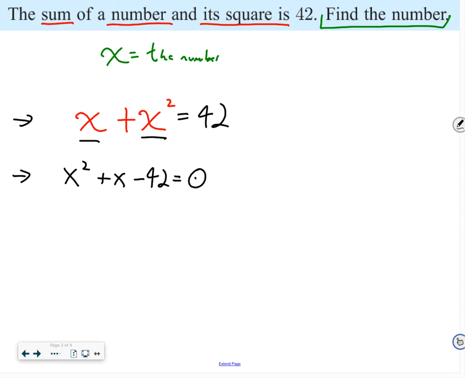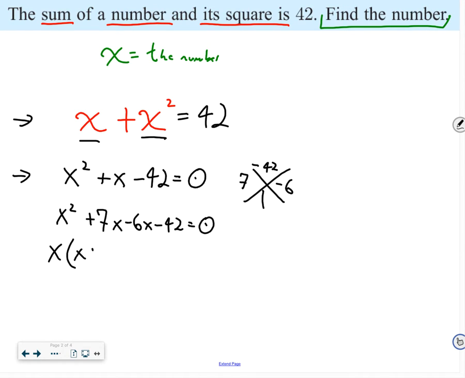I can solve this one by factoring, recognizing that I need numbers that multiply to negative 42 and add to 1. I get 7 and negative 6, they're going to add to 1. So I get x squared plus 7x minus 6x minus 42 is equal to 0.